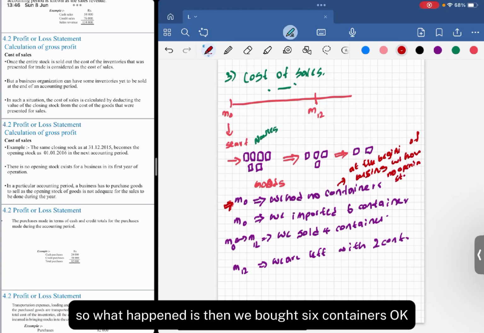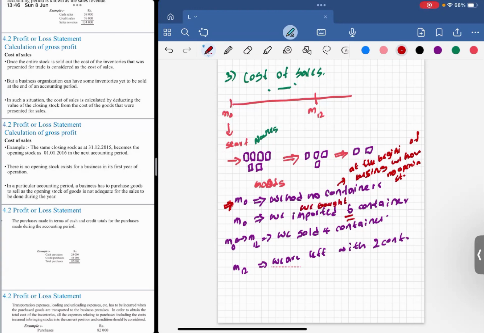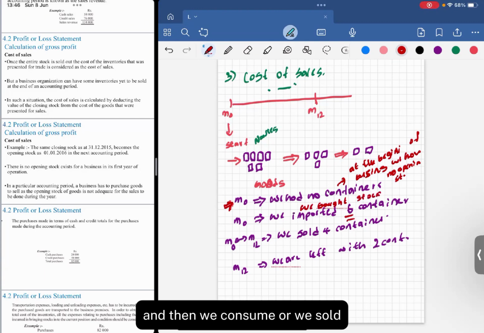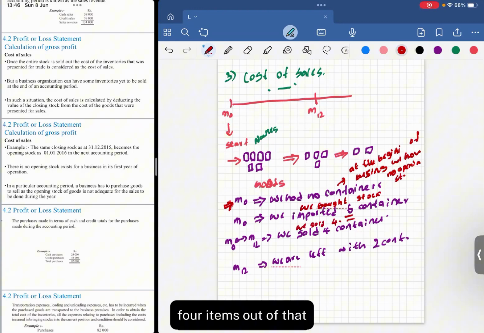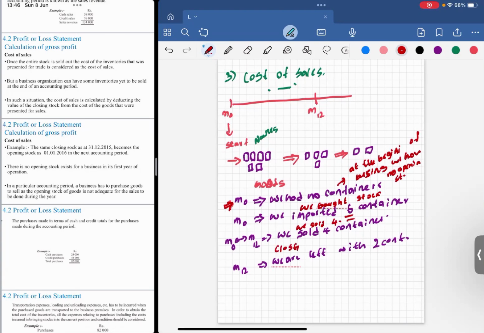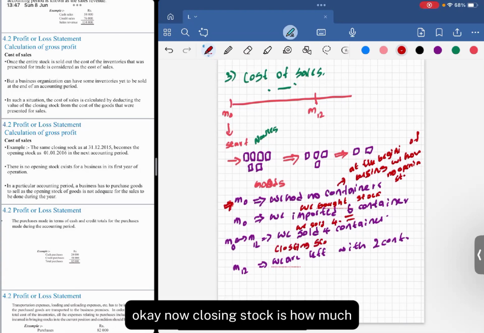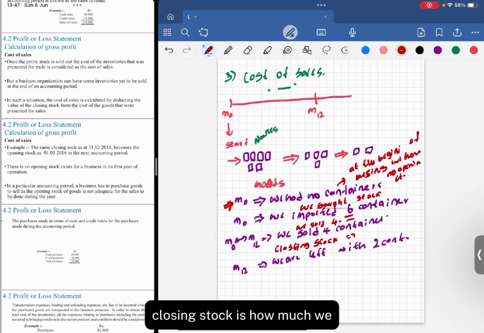So then we bought 6 containers. We bought stock, and then we consumed, or we sold, 4 items out of that, and then we are left with the closing stock. Now closing stock is how much?